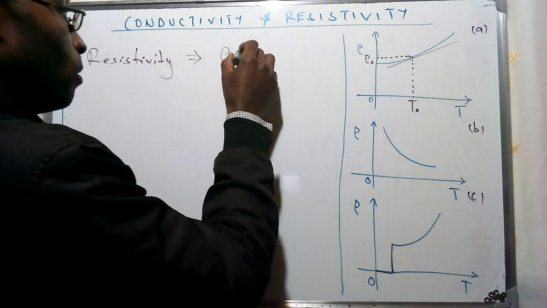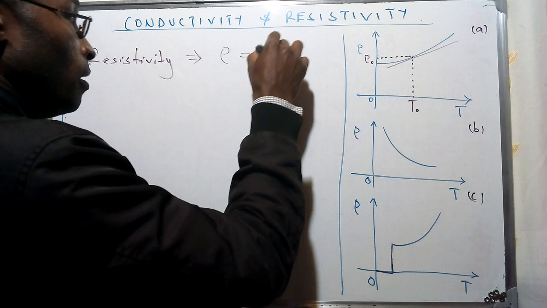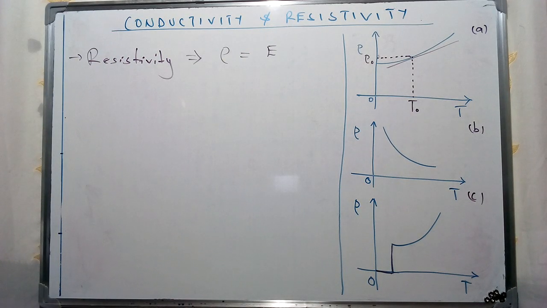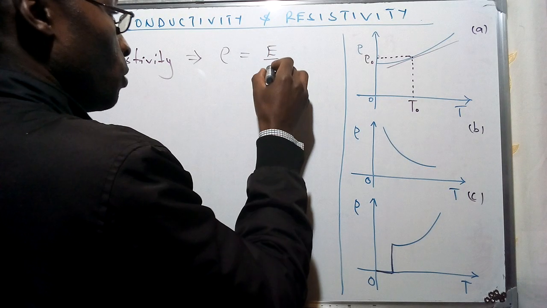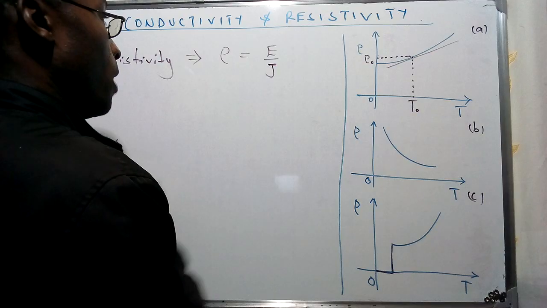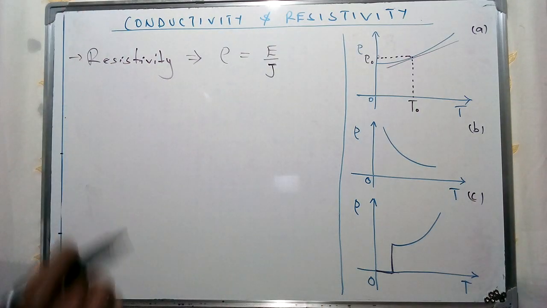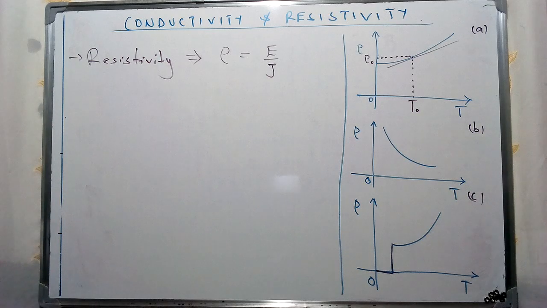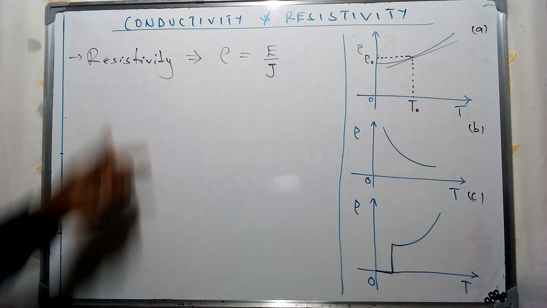So I'm going to have rho given as the ratio between the electric field in the material and the current density, which I'm going to give in terms of this specific notation. This forms a specific definition, in terms of this particular equation, of the resistivity of a material.